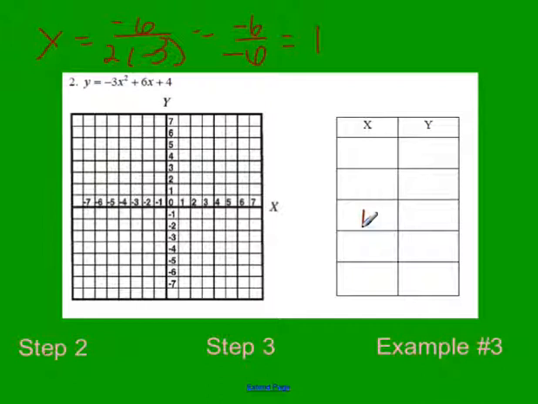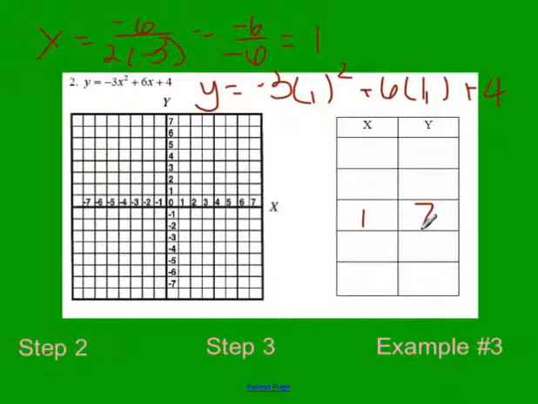Once I found that, I want to get my y. I'm going to plug in 1 wherever I see an x. So I have negative 3 times 1 squared plus 6 times 1 plus 4. You can plug that into your calculator, and you end up getting 7.